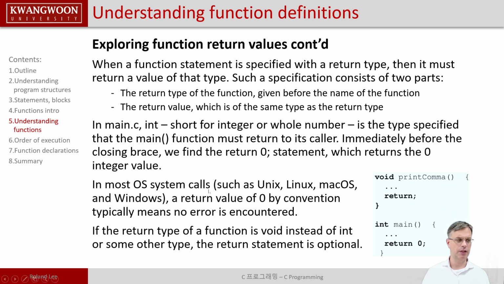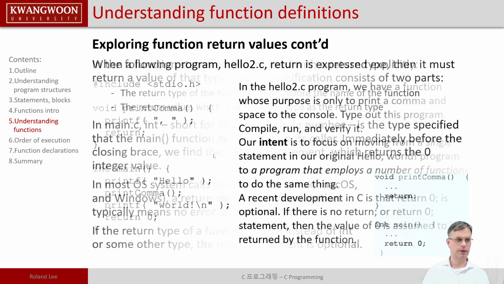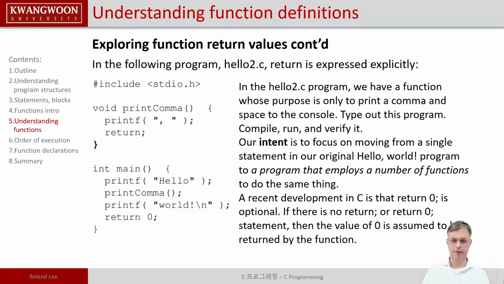Consider the following two functions. Here you see void and there is no return value. Now, in the following program, hello2.c, return is expressed explicitly. Let's see that.